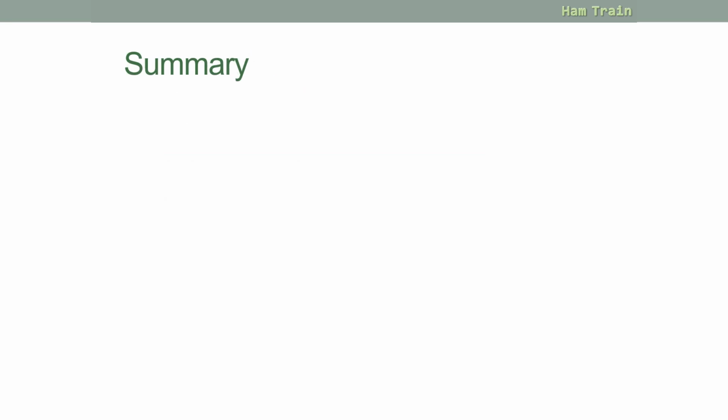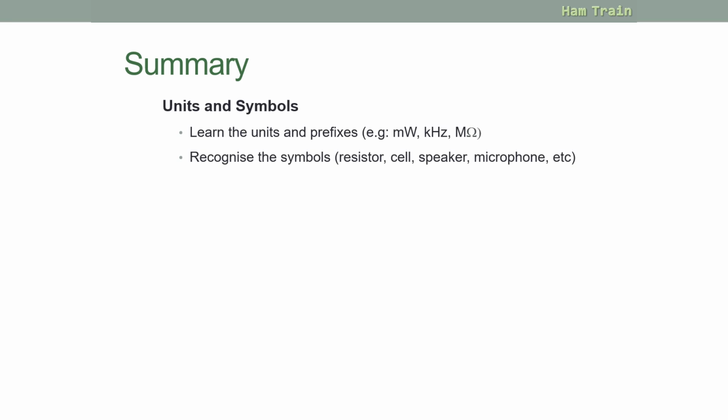You'll be pleased to know that's it for the Technical Basics module. We've looked at units and symbols, where you need to remember the units and the prefixes. Some examples on the screen there. You'll need to be able to recognise these symbols: resistor, cell, speaker and microphone, etc. The basics of electronics, alternating versus direct current, and series and parallel circuits.